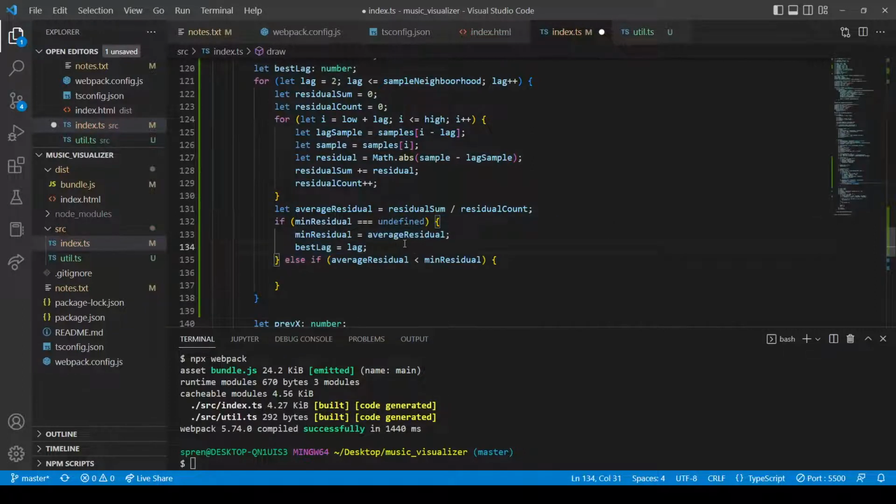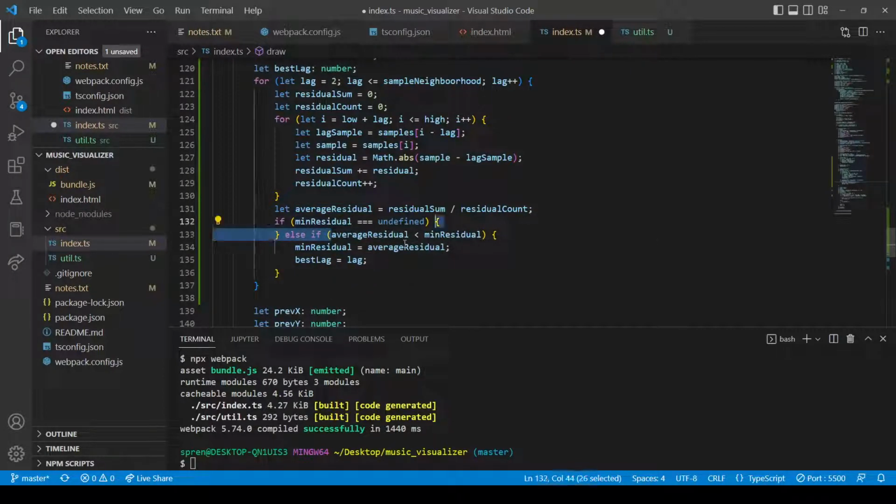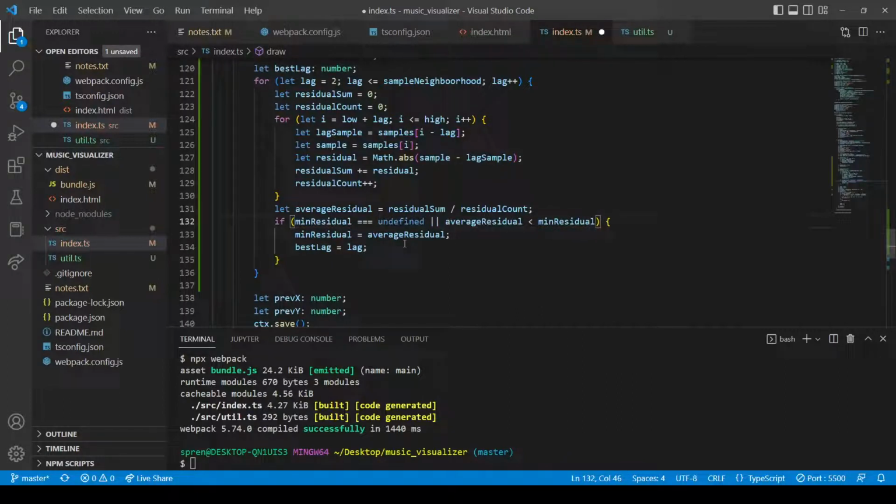Oops. Okay, let's do it this way. There we go. Now we've got min residual defined as this. Great. Cool.